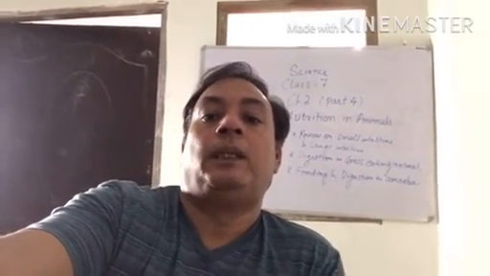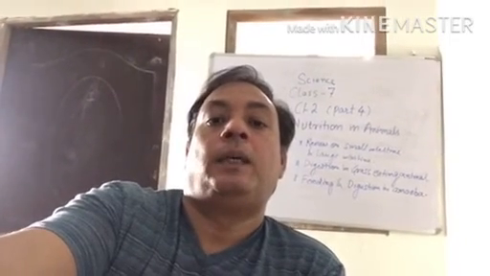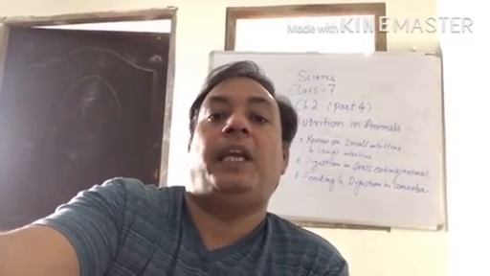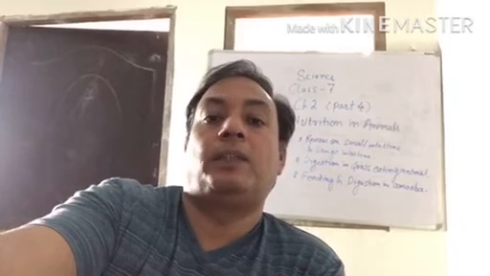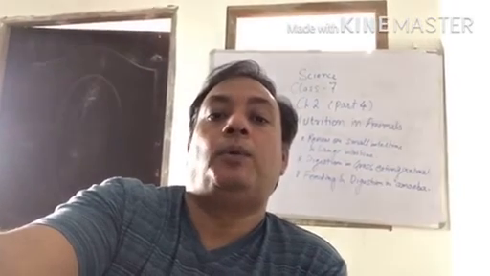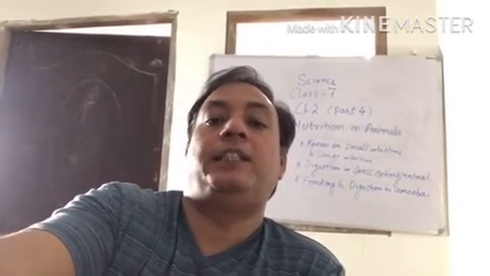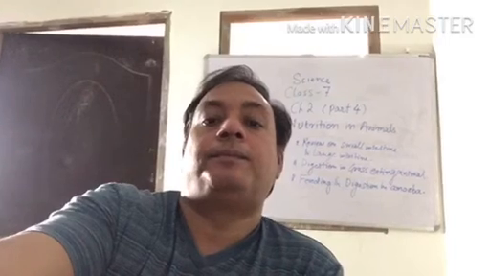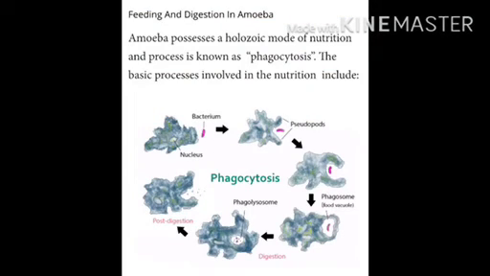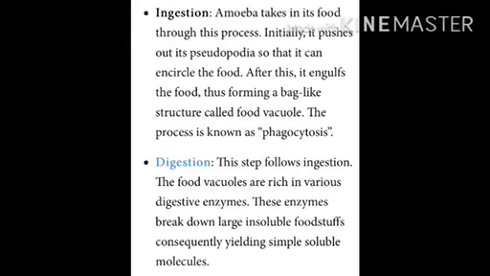So this contractile vacuole is created anywhere in the body or cell to eject the undigested food material. Amoeba possesses a holozoic mode of nutrition, and the process is known as phagocytosis. Now I explain feeding and digestion of amoeba.